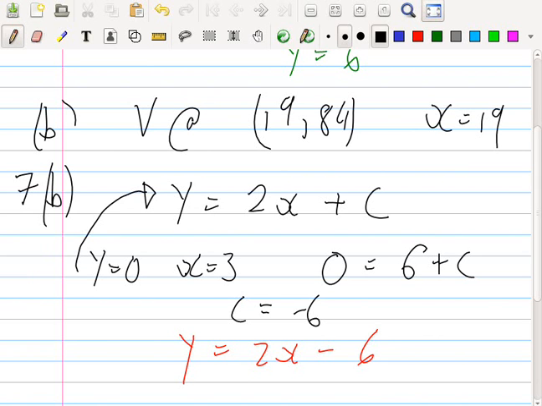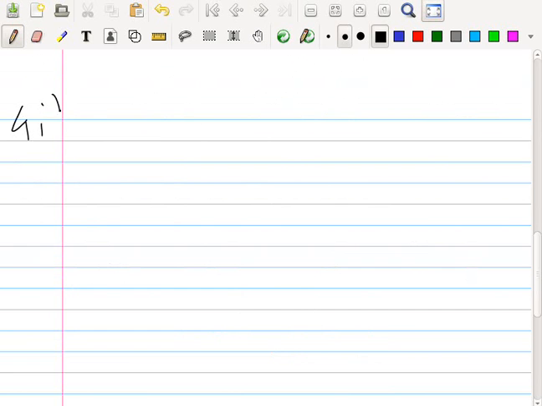Alright, so 4i first. In 4i, I give you this line, y equals 3 over 7x plus 3 over 7. And I ask you for each line, find where it crosses the x and y axis.